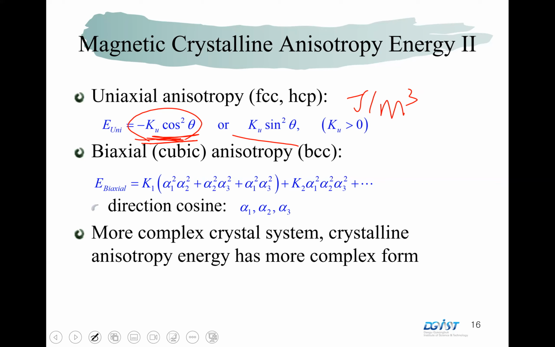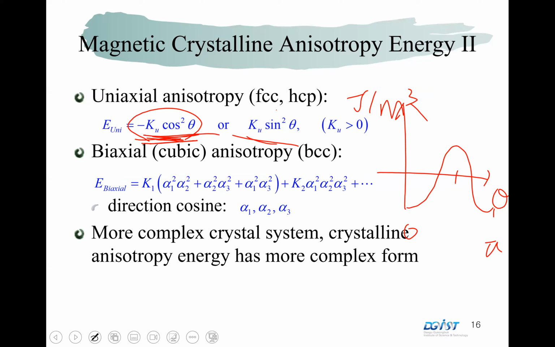Then when cosine theta square is 1, theta is exactly 0 or pi. So if we plot this energy as a function of theta, this term generates something like this. And here this is pi, and this is 0. So this energy means the magnetic moment prefers the angle of theta 0 or pi.